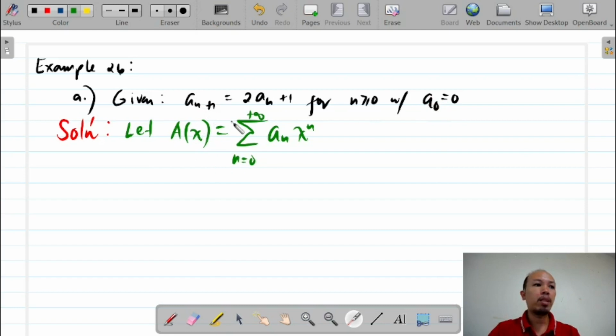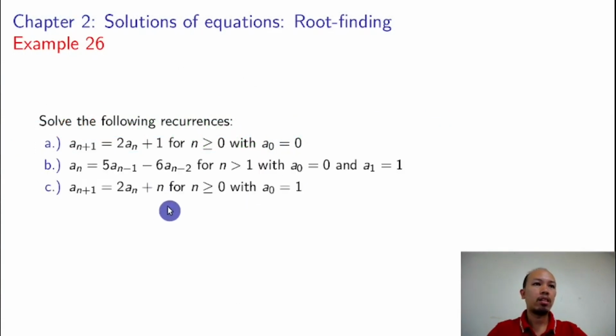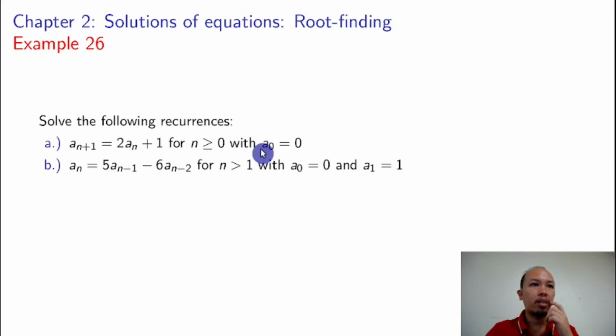So maybe in example letter B here, not a sub 0 but this one, notice that letter B is a linear recurrence relation of order 2, while this one is linear of order 1.